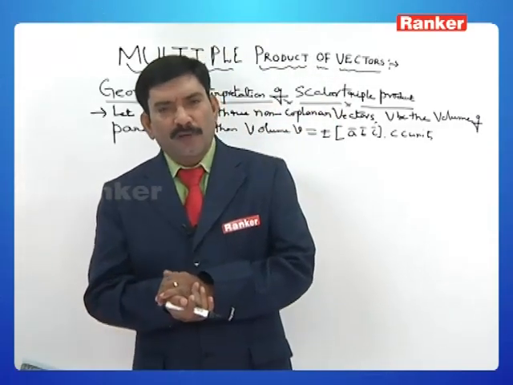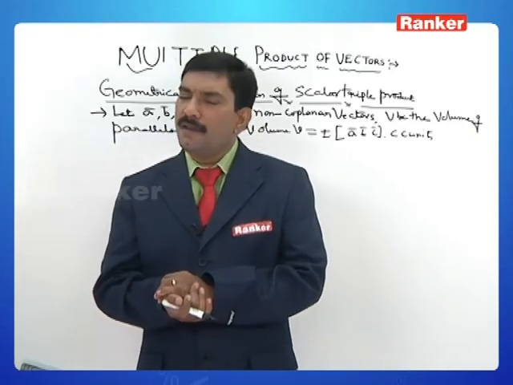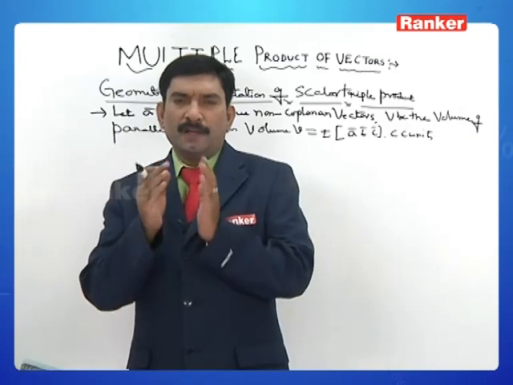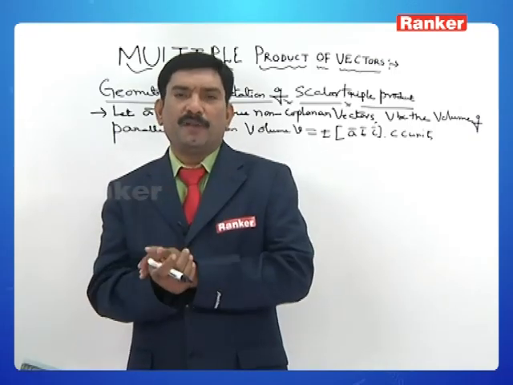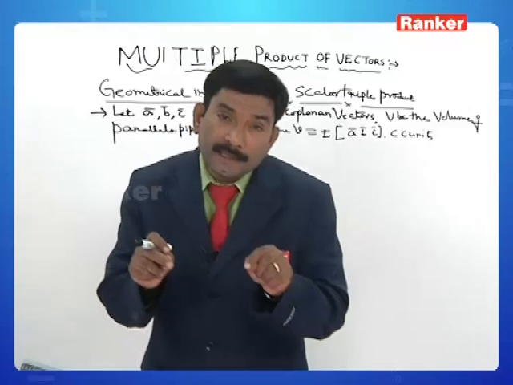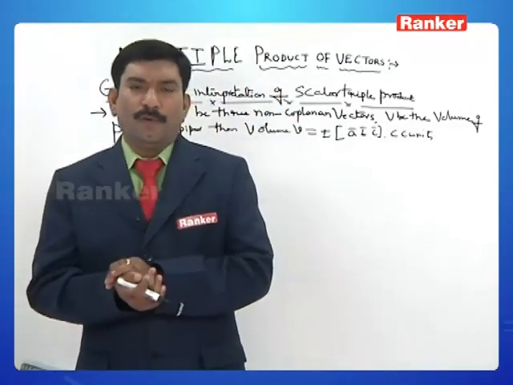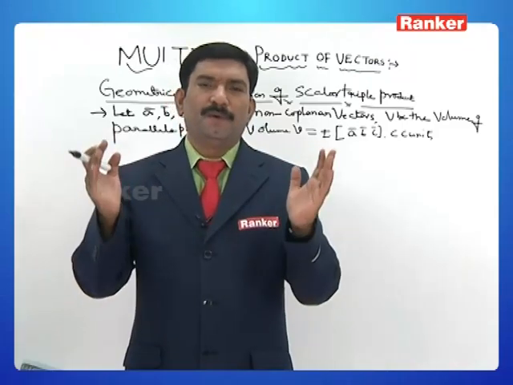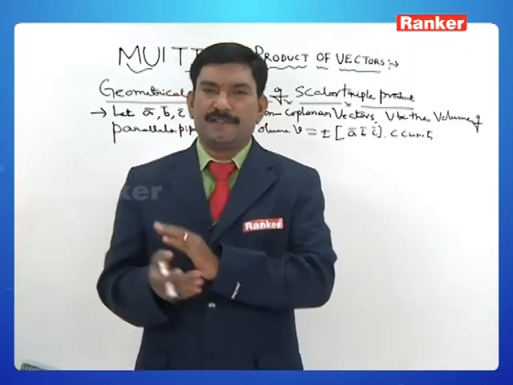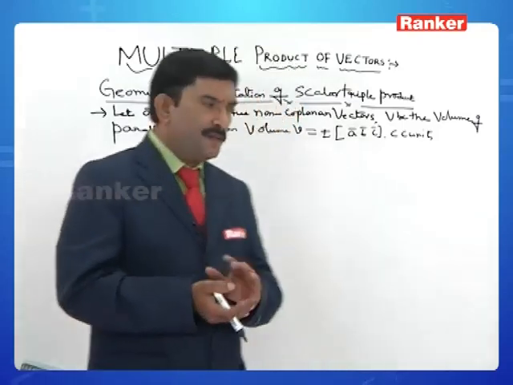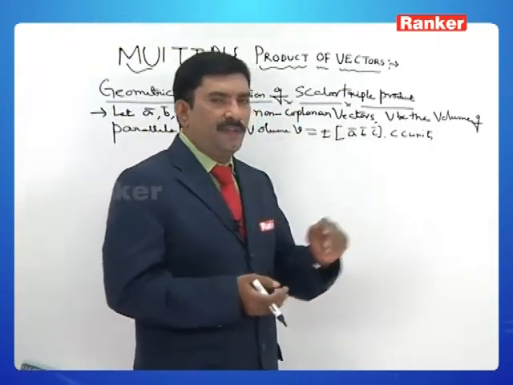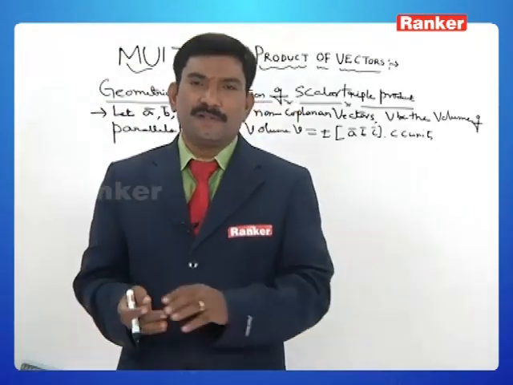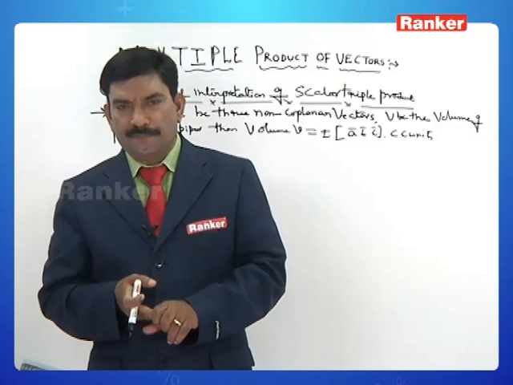So in the geometrical interpretation of scalar triple product, we are interpreting it as the volume of the parallelepiped. Under that, we have to show that A bar, B bar, C bar are in a right-handed system. Means when V is equal to box of ABC, then A bar, B bar, C bar are in a right-handed system.